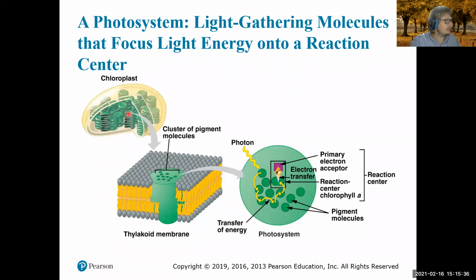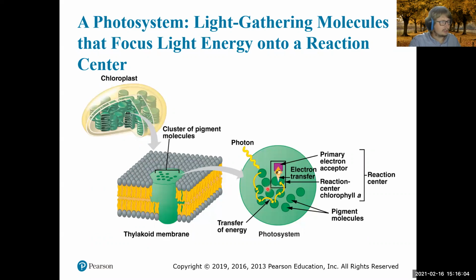If we zoom in to one thylakoid membrane, here's that phospholipid membrane with the pigment molecules inside that photosystem. This green object is the photosystem, and those little circles on top of it are the different pigment molecules, so chlorophyll A, chlorophyll B, etc.